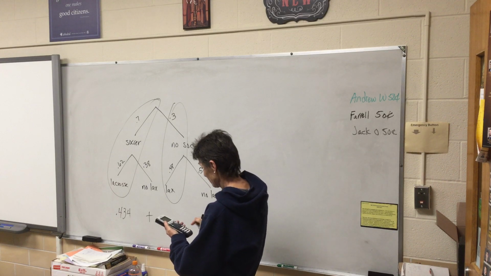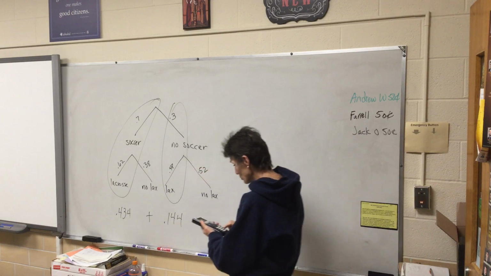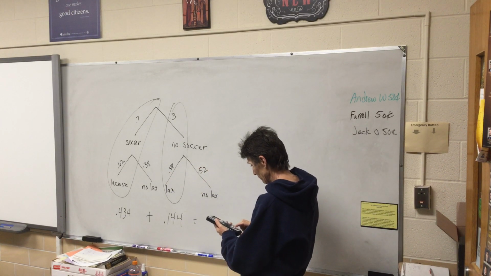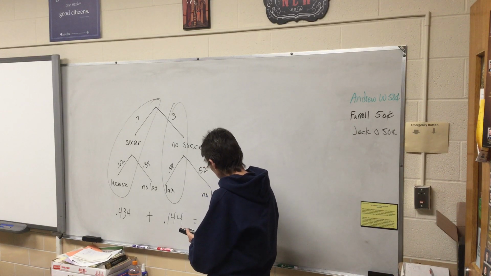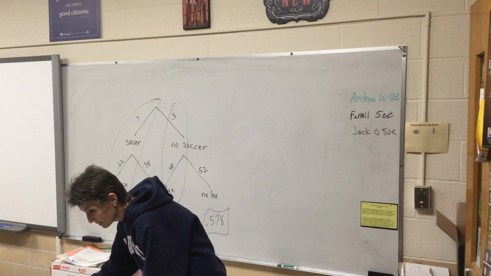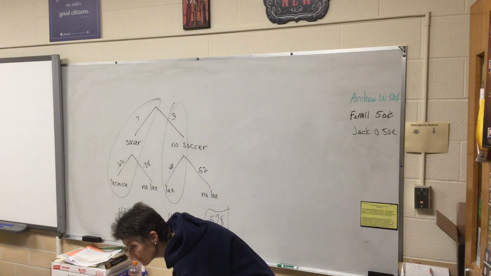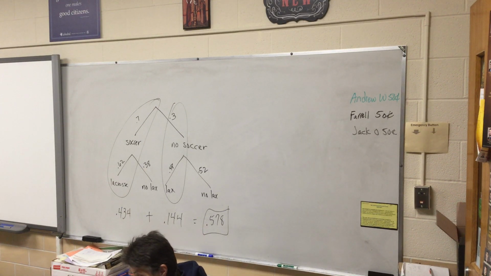And then we're going to add those two together, and I got 0.578. Did anybody get that answer before me? Does anybody have a question about where I got any of those numbers?